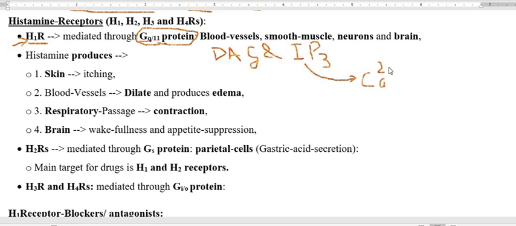If this is a smooth muscle, then this is going to produce contraction through the calcium-calmodulin reaction. Therefore, it produces contraction of the smooth muscle.